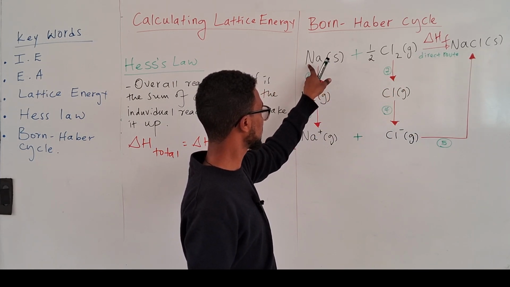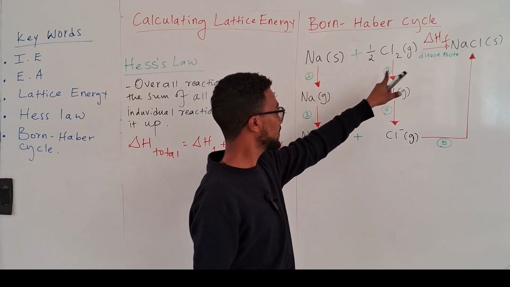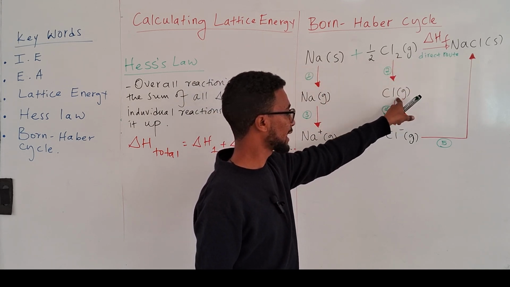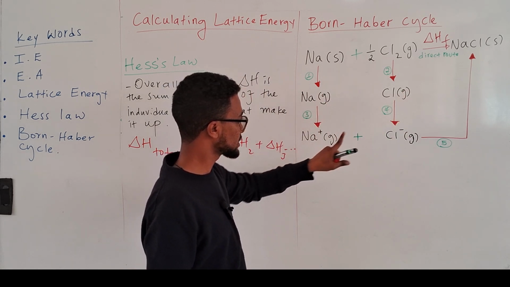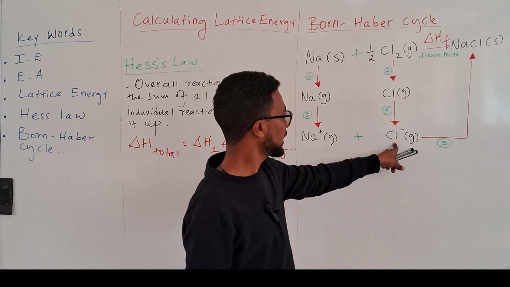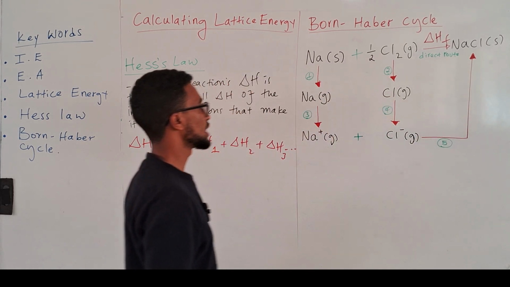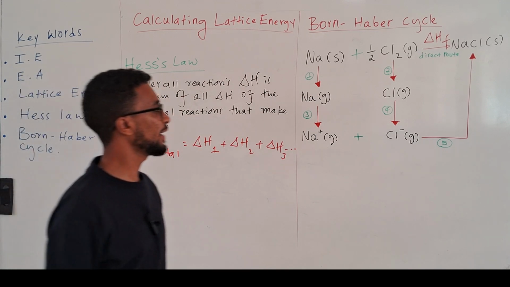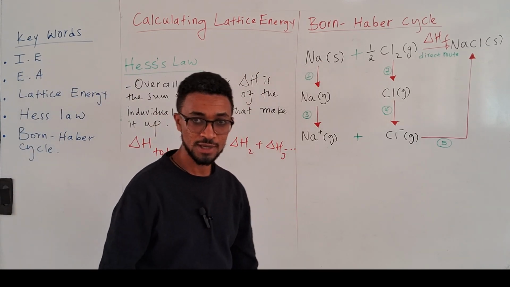The first step being the conversion of sodium solid into sodium gas. Second step, chlorine molecule into chlorine atom. The third step, ionization of sodium. The fourth step, ionization of chlorine, and the fifth, the reaction of these two to give sodium chloride. These are the 5 steps for the formation of sodium chloride solid, starting from these two elements.